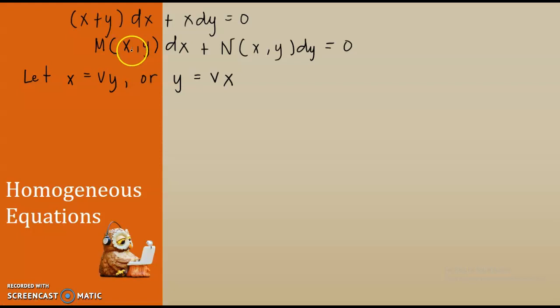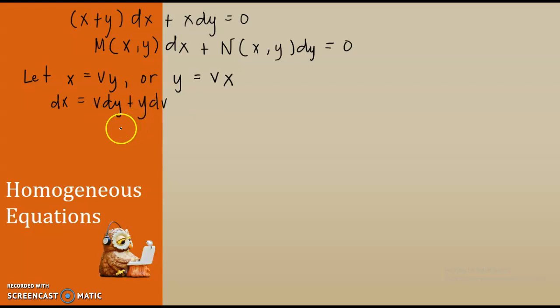Okay. Upon substituting x equal to vy and its differential dx is equal to v dy plus y dv, the resulting differential equation will be in terms of the variables v and y. After simplifying, the variables are separable.